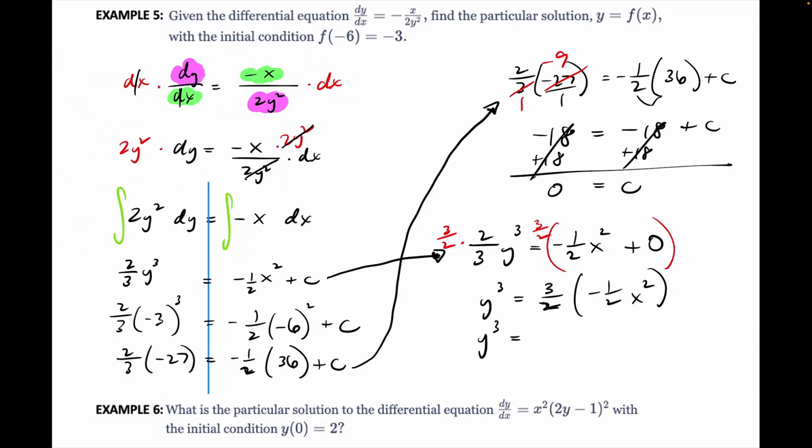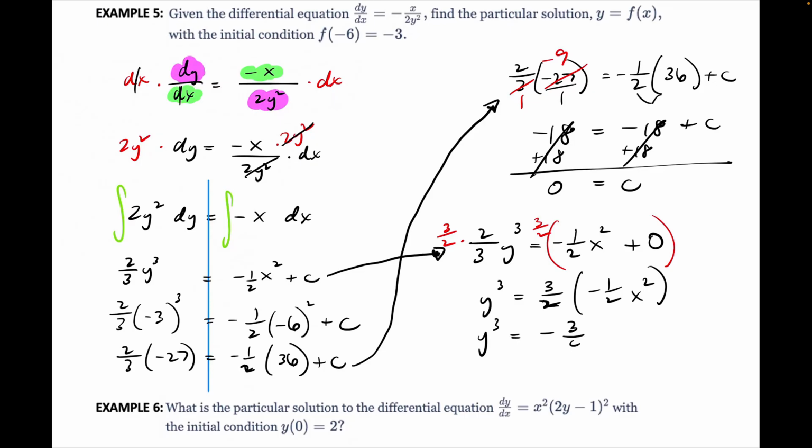So that's -3/4 x squared. Take the third root, because it's y cubed. And you get y equals the third root of -3/4 x squared.